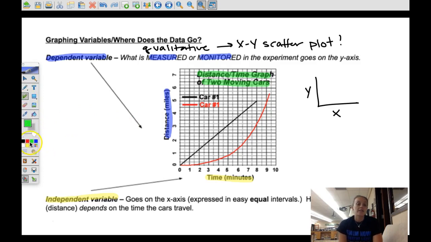So after looking at this experiment, I can see that this line, this black line right here that I'm now highlighting blue, looks like a linear relationship. Car 1 moved at a consistent rate. While car 2, the red line, which I'm now highlighting in green, has an exponential relationship because it starts off slow and then gets relatively faster.